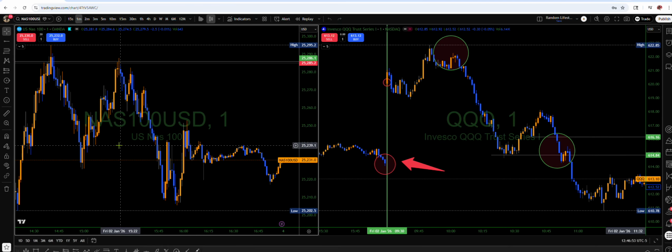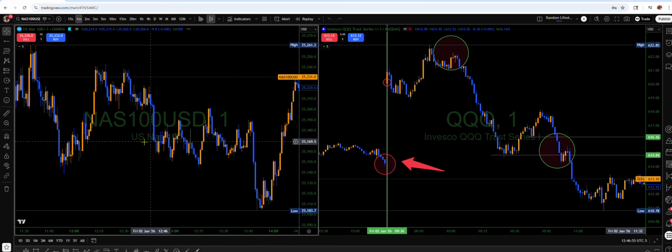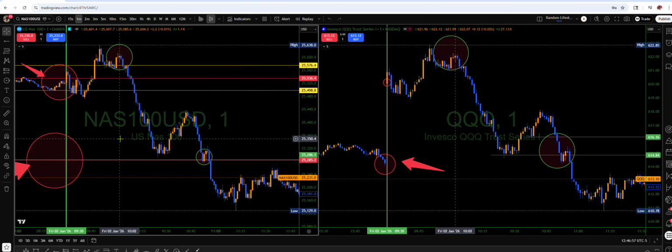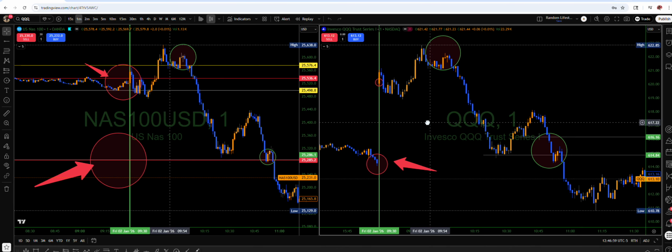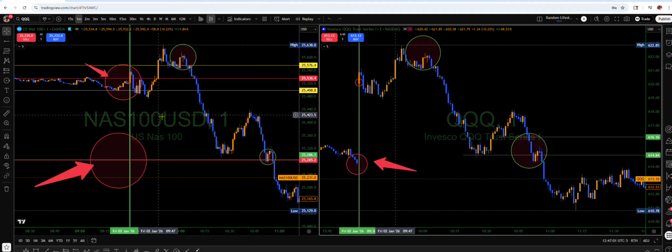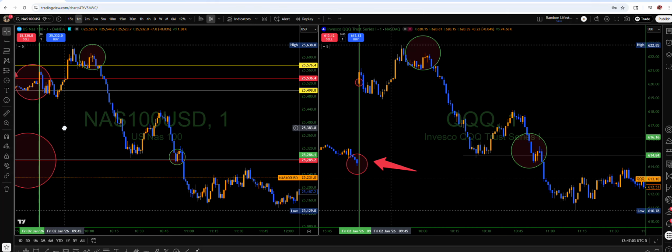It's only gonna do it one at a time. But as you can see, you get the picture. The two of them move in the same direction.